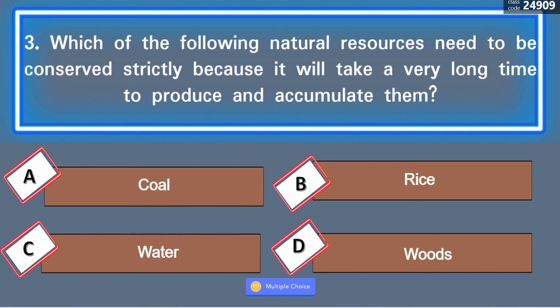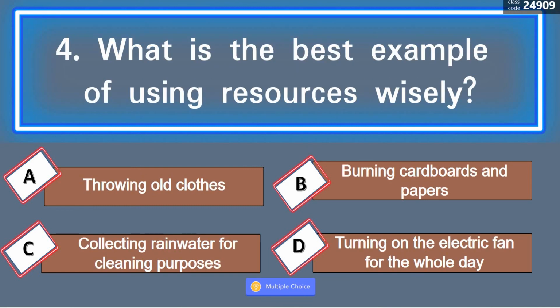The following natural resources need to be conserved strictly because it will take a very long time to produce and accumulate them. Yes, it's coal, letter A. Number 4. It is the best example of using resources wisely. Correct. Collecting rainwater for cleaning purposes.